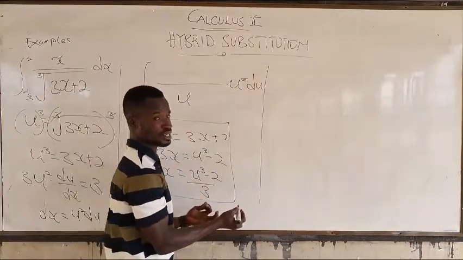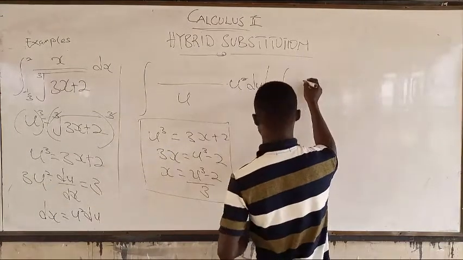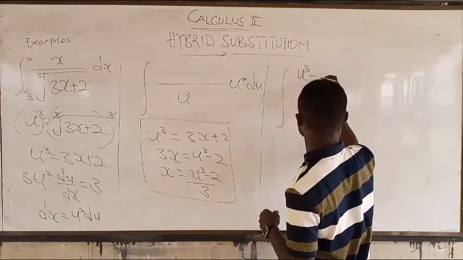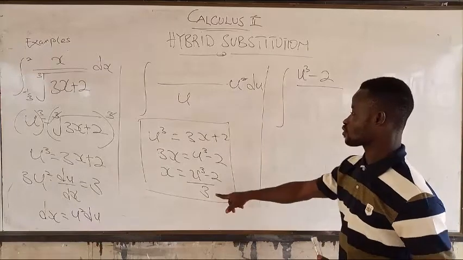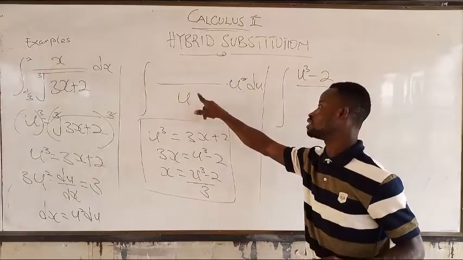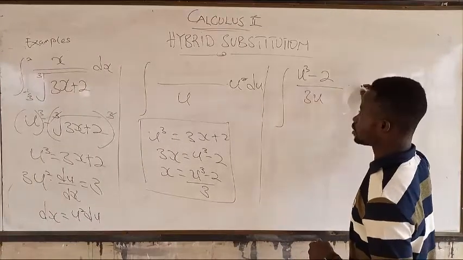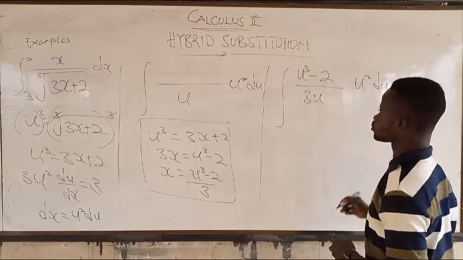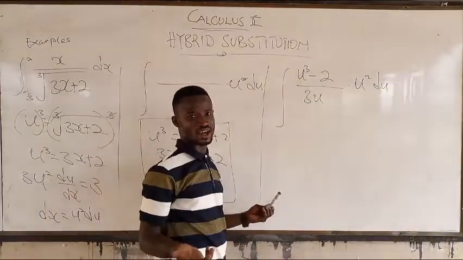I want to take my time and give you all the steps. The 3 will now multiply the 1 on the denominator, so we get 3u, then u squared du. This is just algebra.